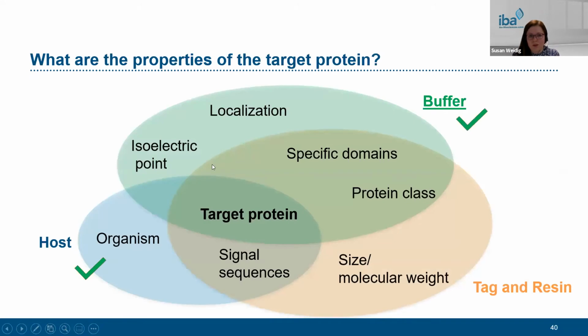So now we have focused on the second circle to find the right buffer system. And now we can go over to the last circle, finding the right tag and the resin.